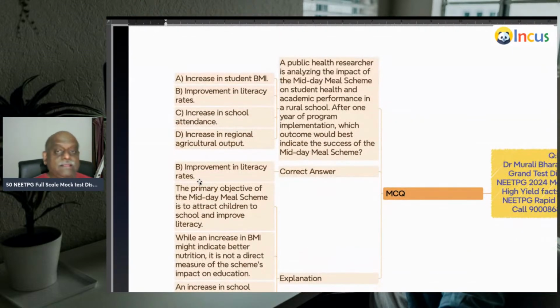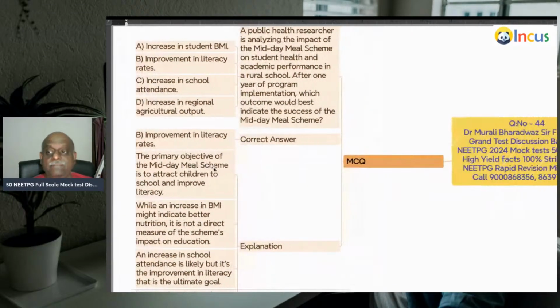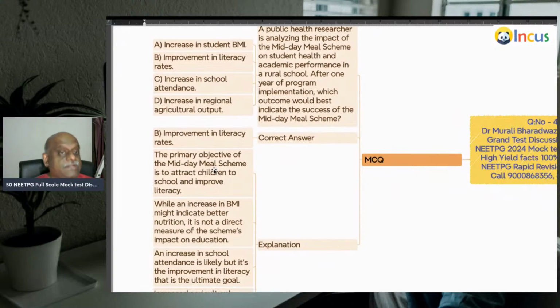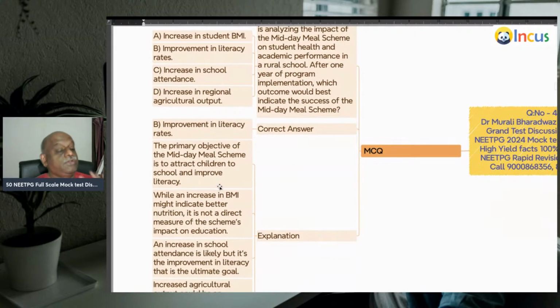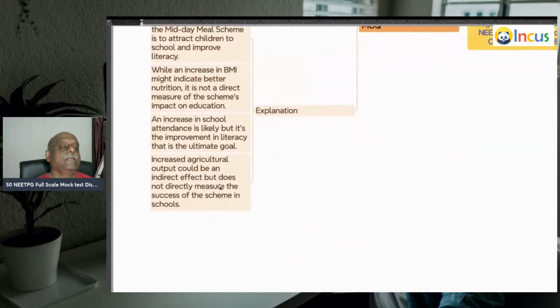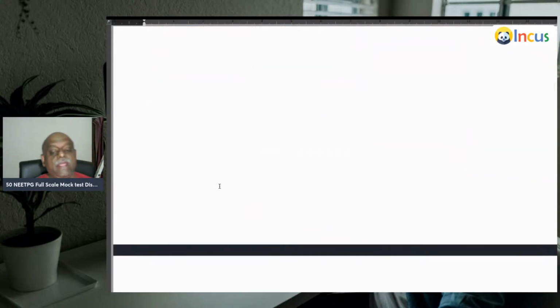A public health researcher is analyzing the impact of the midday meal scheme. The primary objective of the midday meal scheme is to attract the children to the school and improve the literacy. So improvement in literacy is the way to assess the efficacy of the midday meal program.